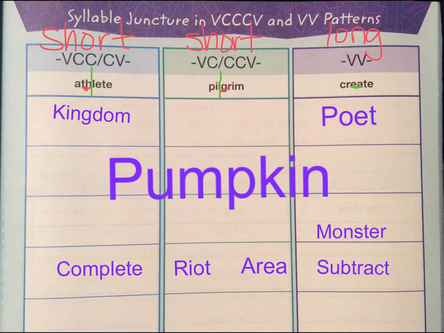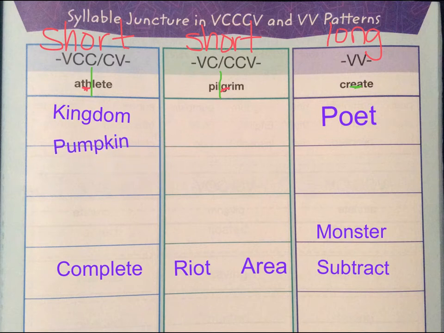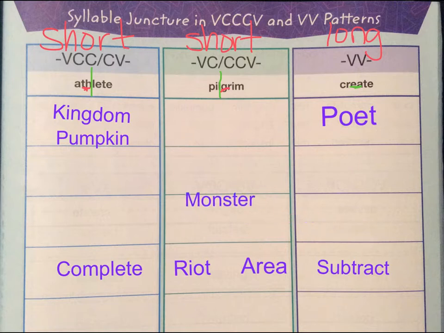So that means that pumpkin goes in which column? If you said the first column, you are correct. Pumpkin has the vowel, consonant, consonant, consonant, vowel pattern, and it is separated after the blend sound.